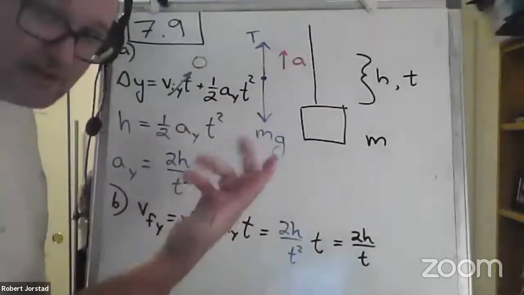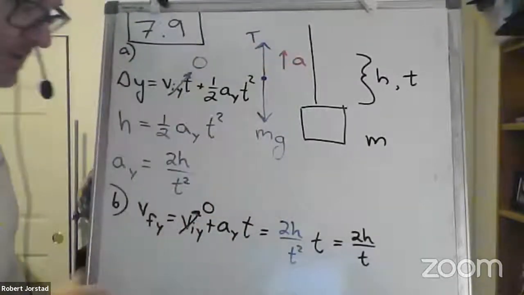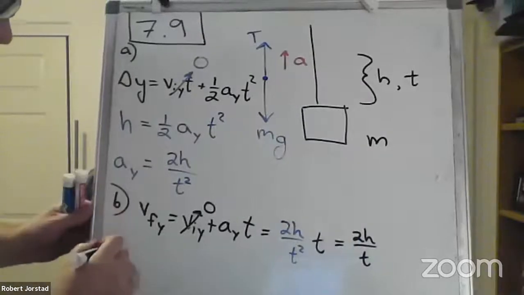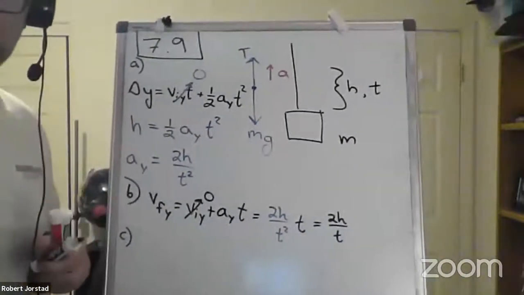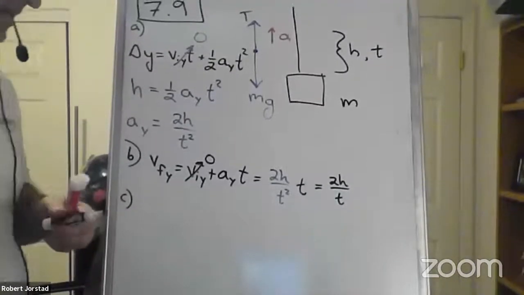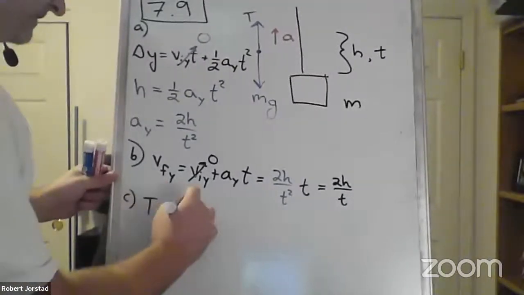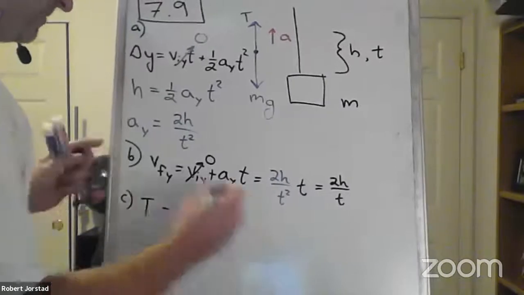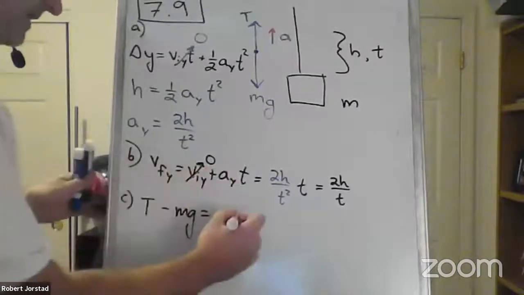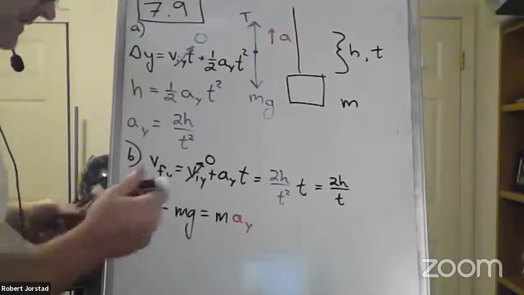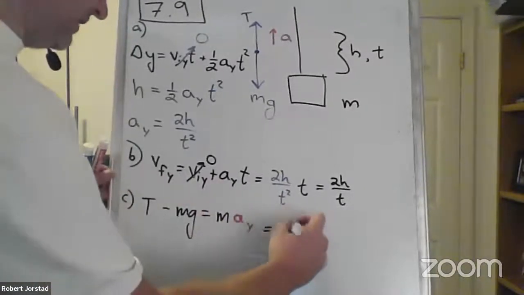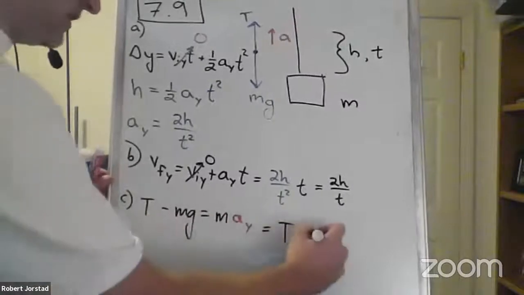The tricky one that everybody screws up is when it's accelerating downwards. Okay, so for part C, let me just scoot down a little bit more. We see that T minus mg equals ma y. And then from there, we could plug in all this stuff. And so the tension is equal to, let's see, it's going to be mg.